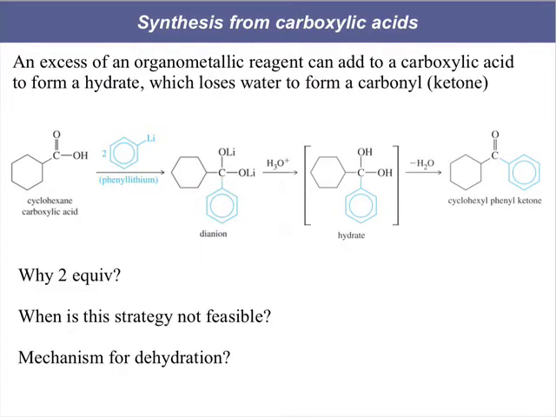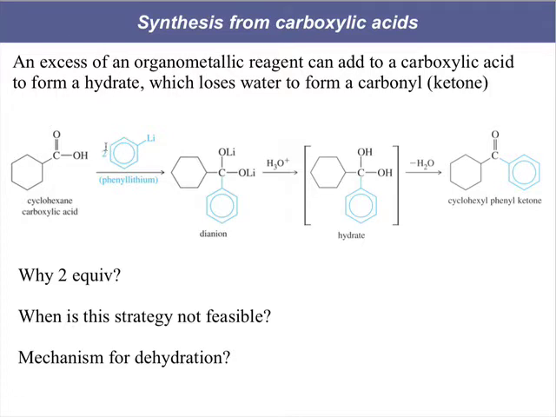You can also make ketones from carboxylic acids. This is a little bit of a messy reaction. It says an excess of an organometallic reagent can add to a carboxylic acid to form a hydrate, which loses water to form a carbonyl or ketone. So for example, here's a carboxylic acid, and we're going to use an excess of phenyllithium.